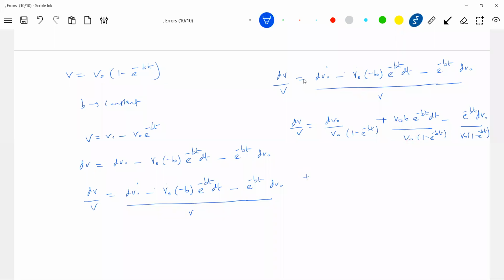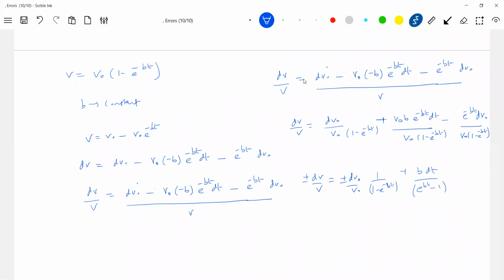So let me write one more step, dv by v. It should be like this. B does not get cancelled. So b, this will become only e to the power of, this will be b dt.